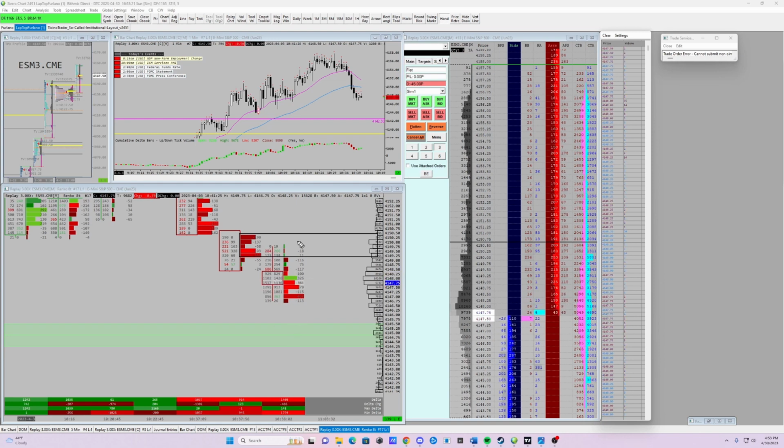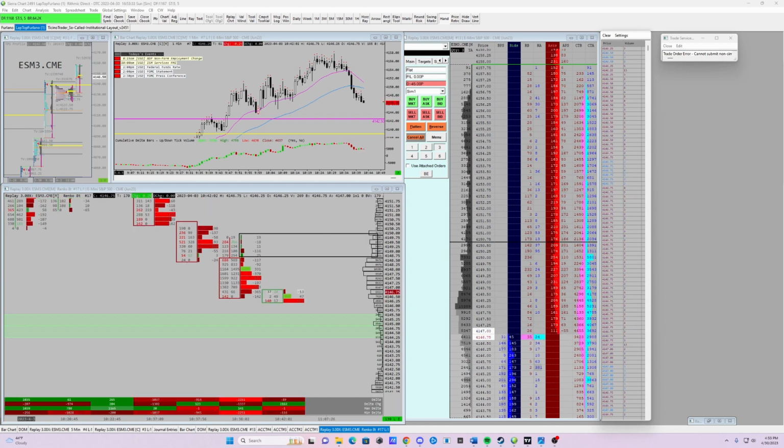If they can't get above these areas, then buyers are truly not taking any sort of control out of this thing. We can see the buyers trying down here. They're trying. Sellers are still applying pressure. Let's see what happens when we get back up here.